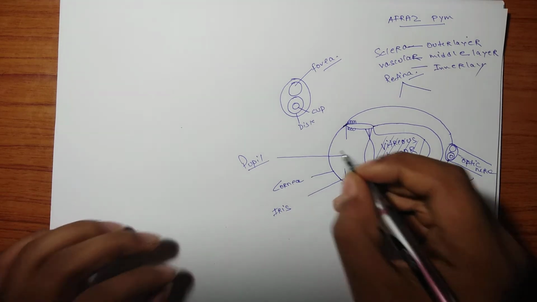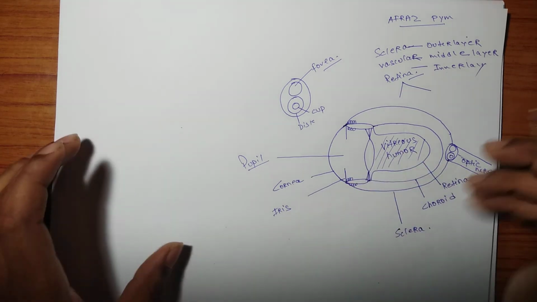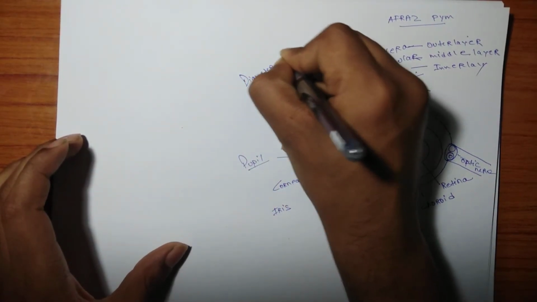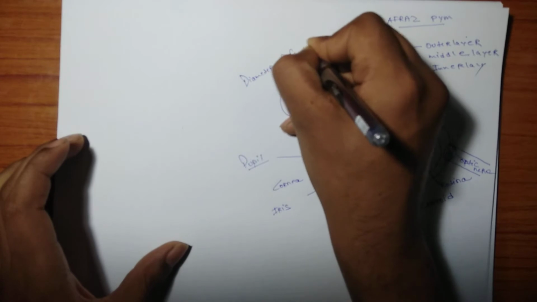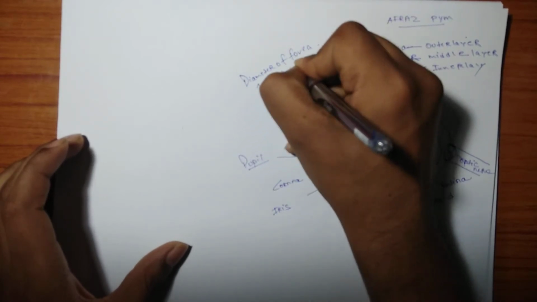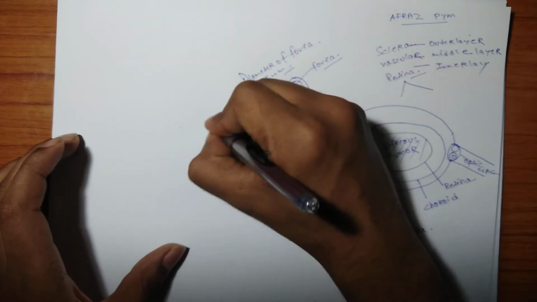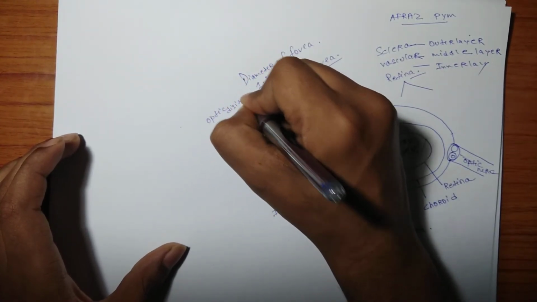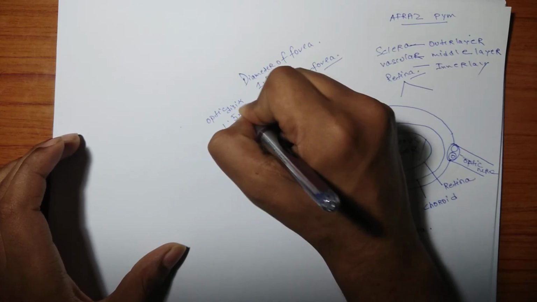Now remember the diameter of the fovea is 1.5 mm. The optic disc is also 1.5 mm.